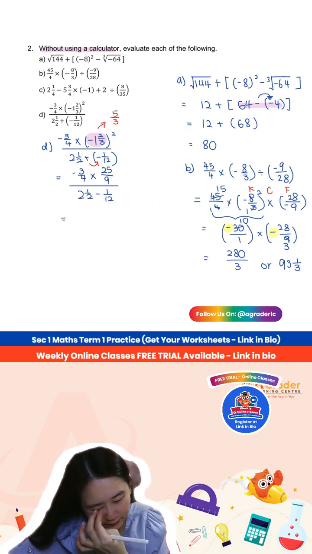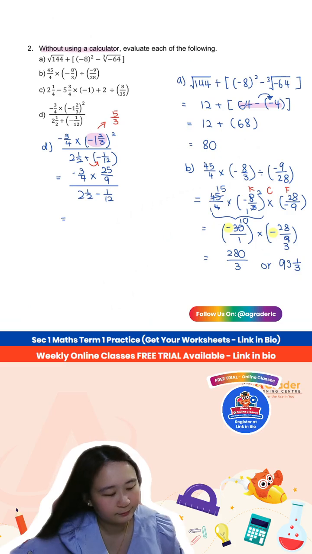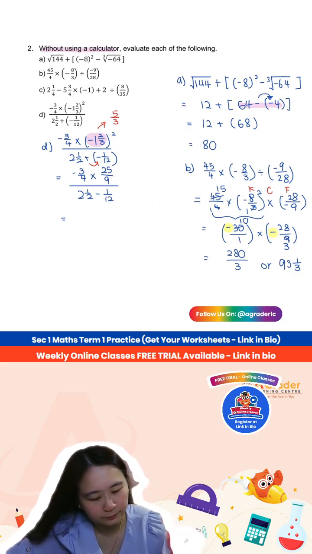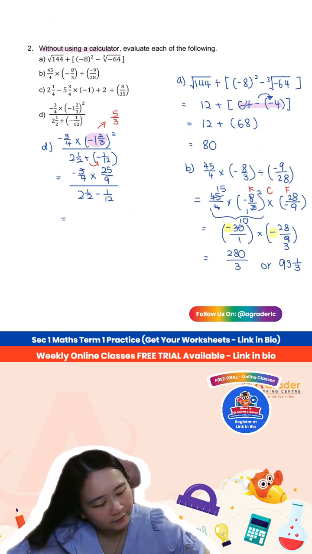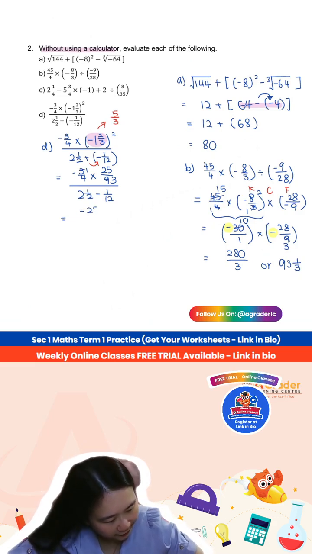Okay, then we deal with our numerator and denominator separately. Divide by 3, divide by 3. So for the numerator, when we multiply together, we have negative 25 over 4 times 3. The denominator is 12 here.